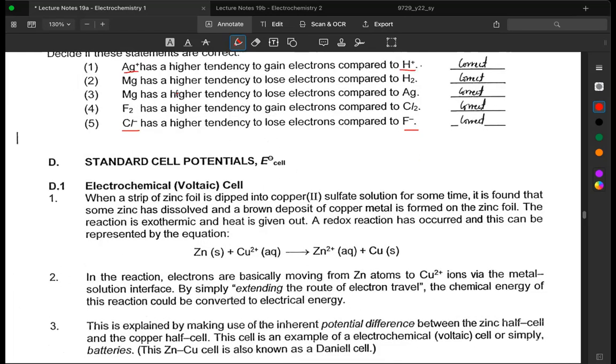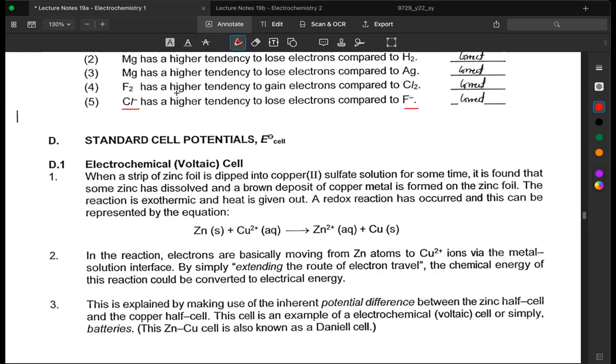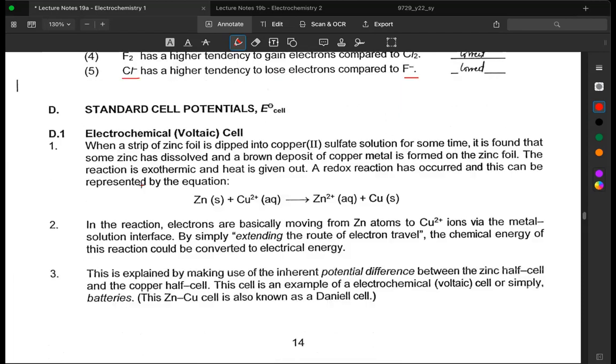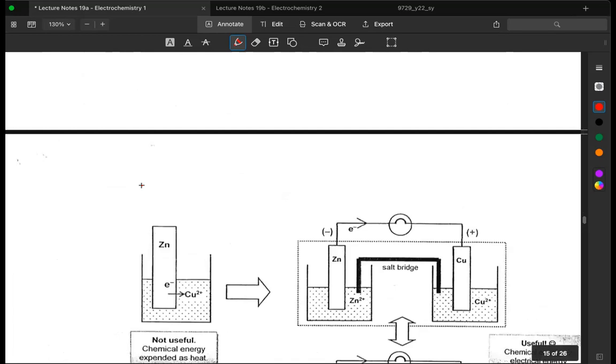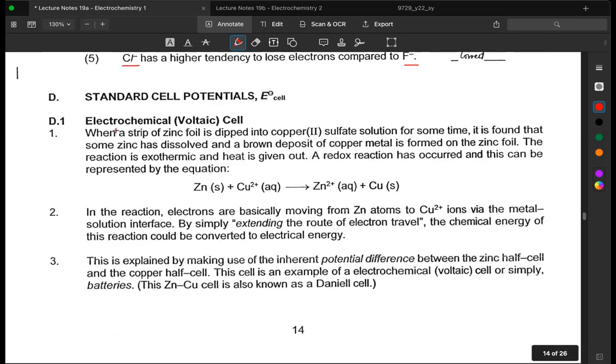Now, the first part of electrochemistry is basically on the electrochemical cell, not on electrolysis yet. So these are some of the terms they use, like voltaic cell and electrochemical cell, it's the same thing. When a strip of zinc foil is dipped into copper-2 sulfate, you think, I'm going to put a metal in a solution of a different metal.